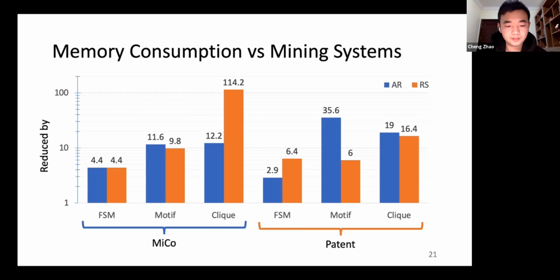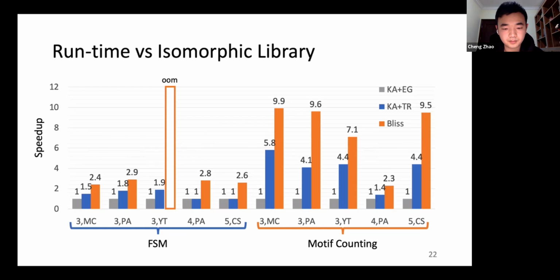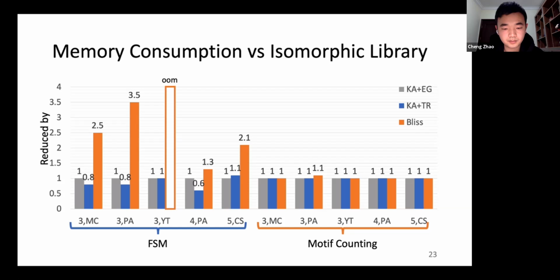On the other hand, Kaleido is more efficient in memory consumption. This is because the intermediate data is stored by CSE, and the lightweight isomorphism checker contributed as well. Note that in motif counting, the pattern is an unlabeled graph, so the memory consumption is nearly equal.